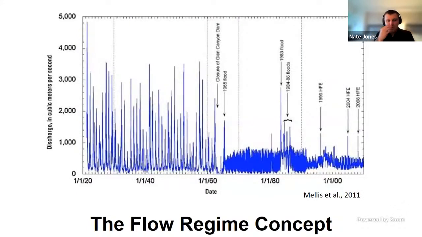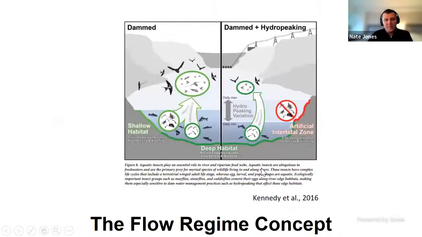And just as an example, that was the Glen Canyon Dam, the picture in the previous slide. This is a hydrograph before the Glen Canyon Dam was put in the 1960s. You can see that the flow regime has greatly changed. And there's been so much good, rich work on that change in flow regime and how that's impacted downstream ecosystems.